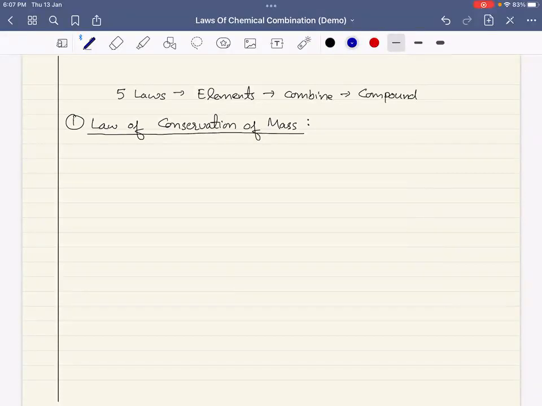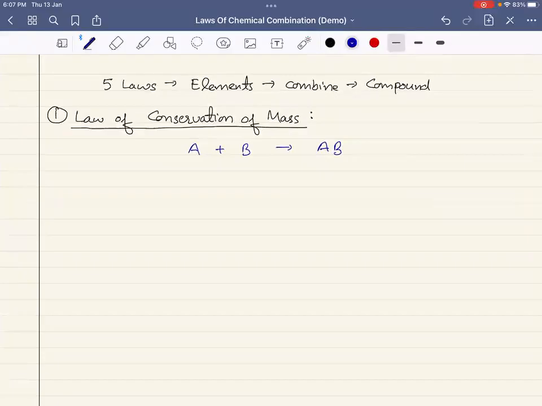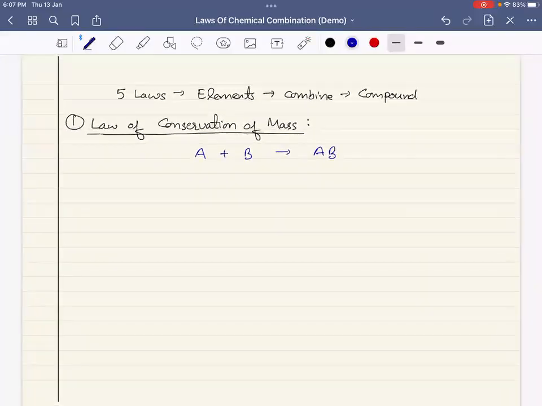Mass is always conserved. For example, the elements A and B combine to form the compound AB. So the sum of the mass of A and B will be equal to the mass of the compound AB.